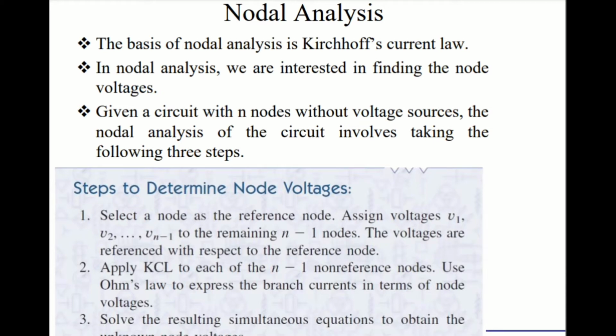Then we apply KCL to each of the non-reference nodes. Use Ohm's law to express the branch current in terms of node voltage, and then we solve the resulting simultaneous equations to obtain the unknown node voltages.